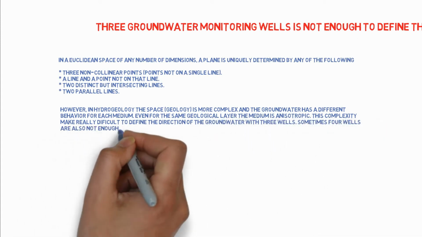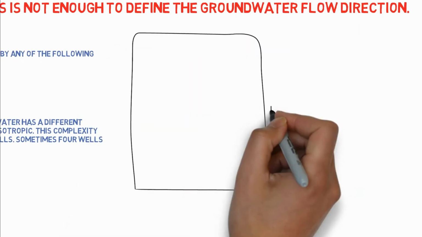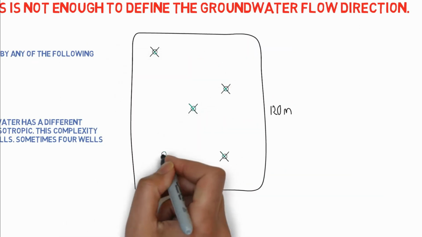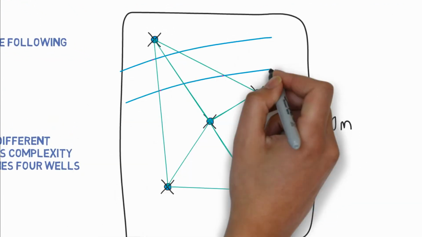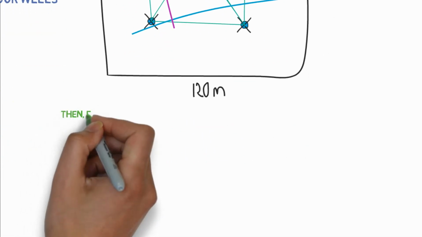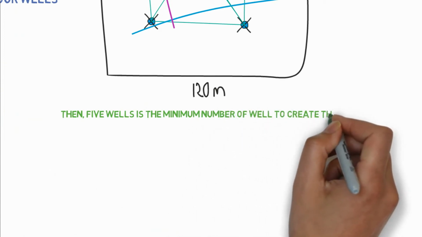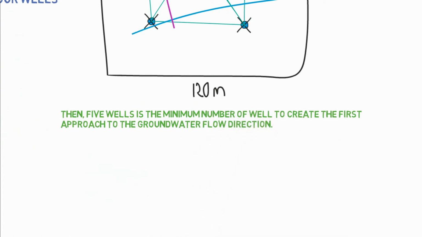Sometimes four wells are also not enough. Then five wells is the minimum number of wells to create the first approach to the groundwater flow direction.